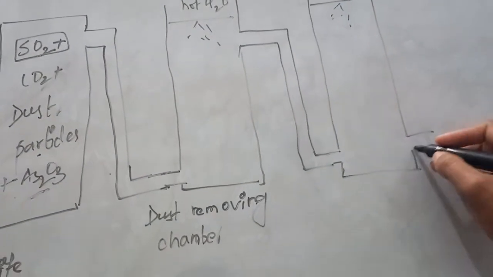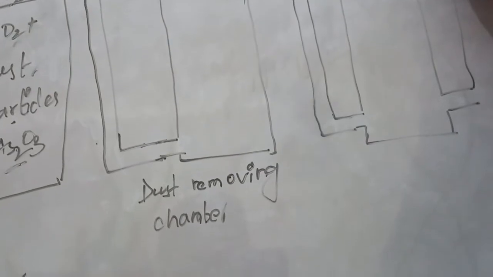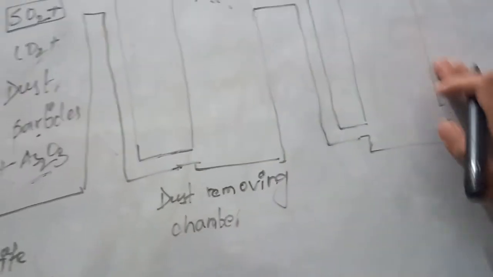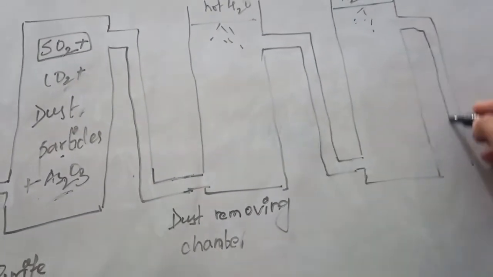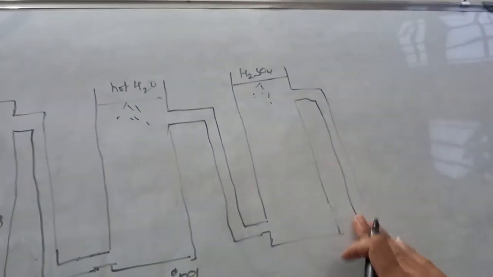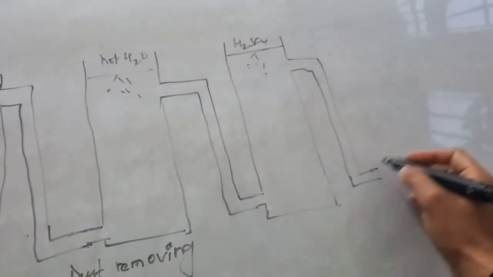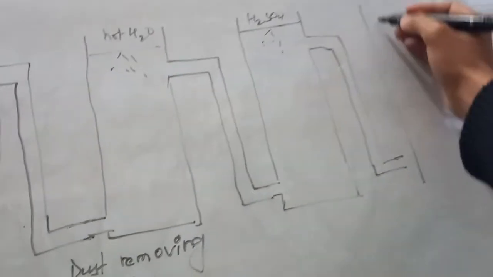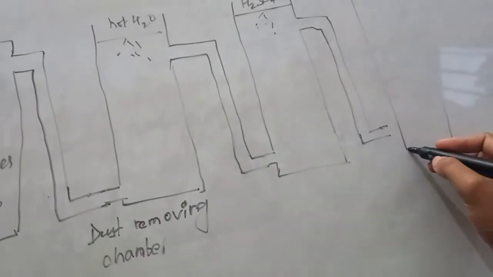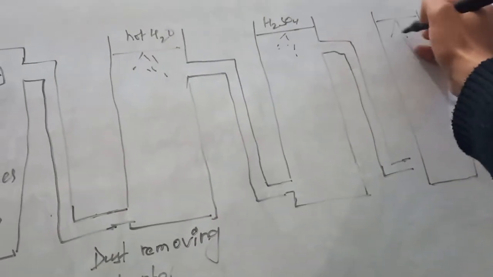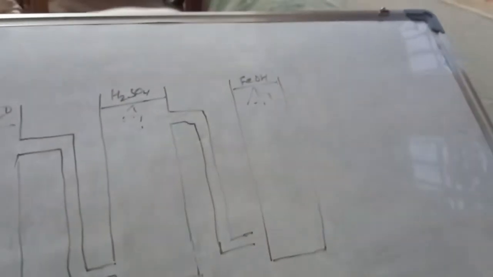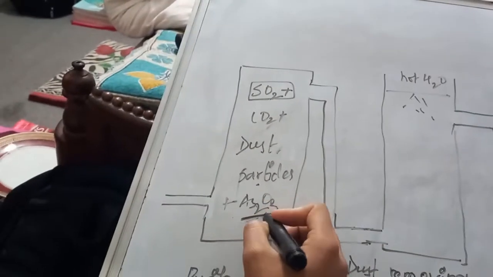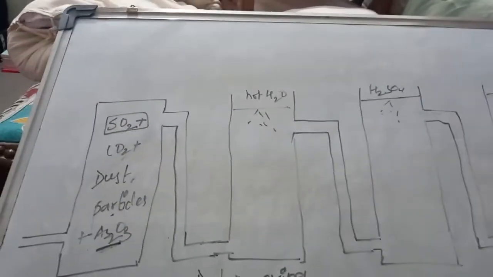For this removal, we will use FeOH. Now we are able to remove the arsenic oxide by reacting with FeOH, and it settles down.